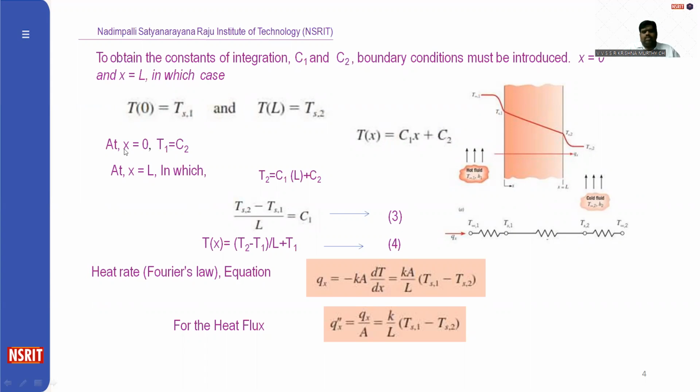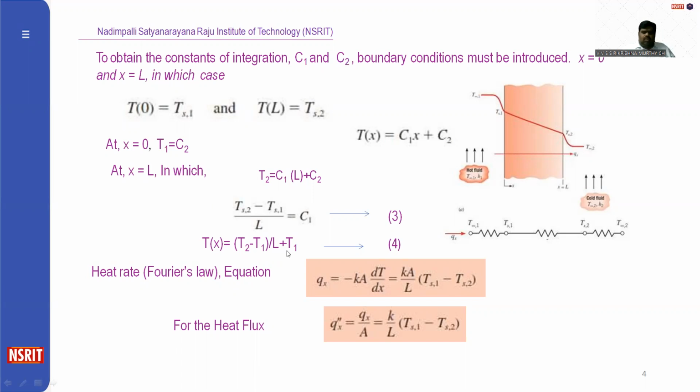Applying the boundary conditions, T of 0 is equal to C1 times 0 plus C2, which means C2 is equal to Ts1. At x is equal to L, we get C1 is equal to Ts2 minus Ts1 by L. If I substitute the C1 and C2 values in T of x, I get T of x is equal to Ts2 minus Ts1 by L into x plus Ts1.